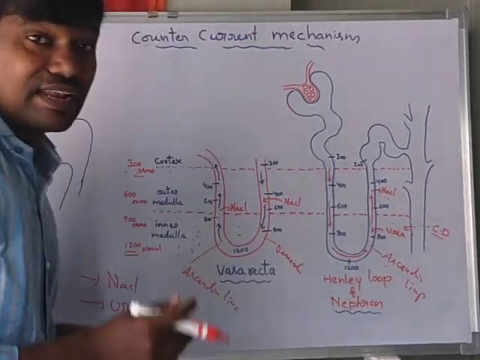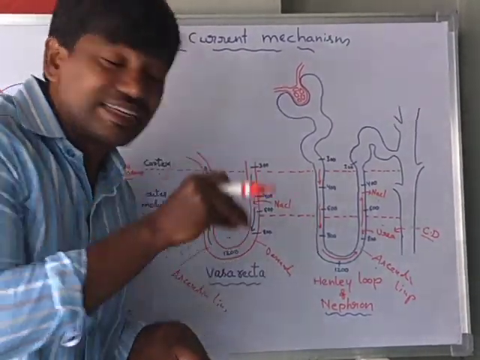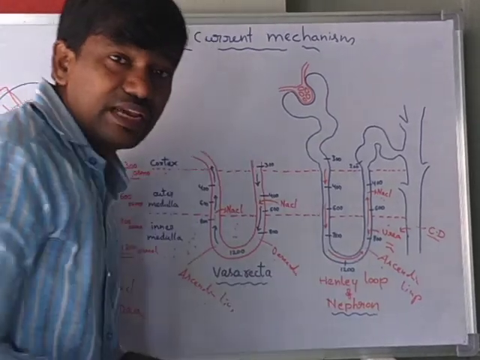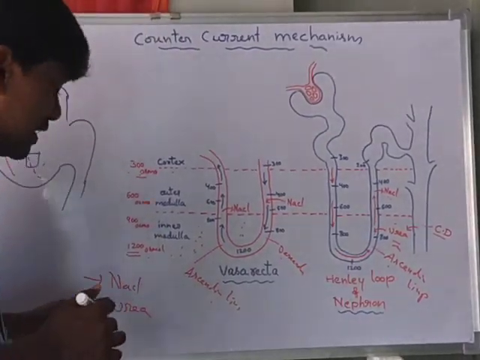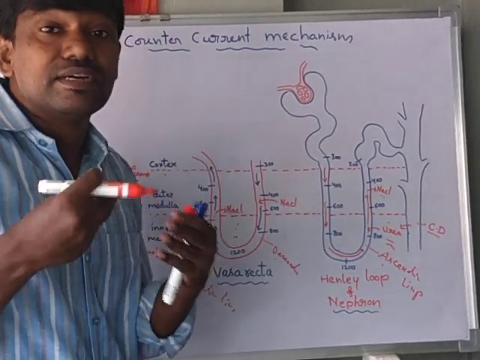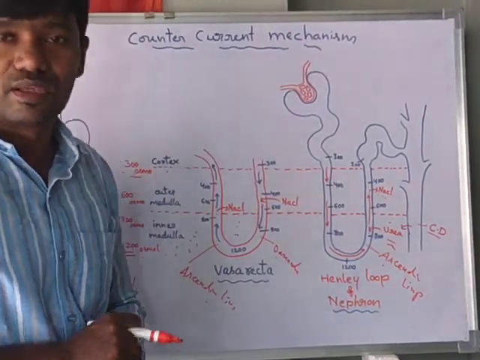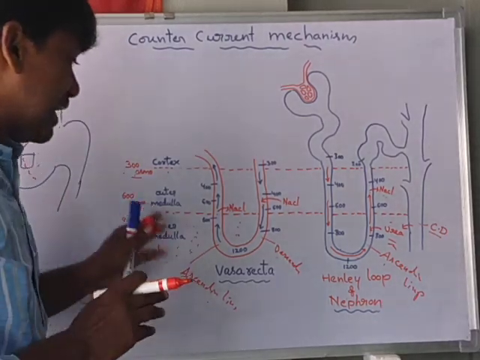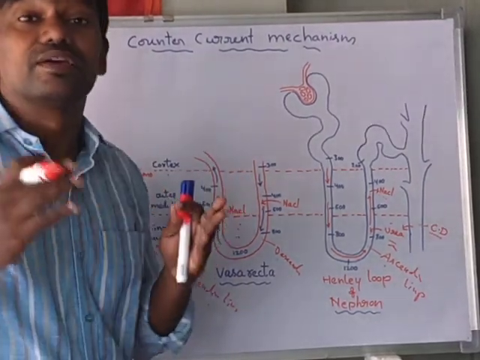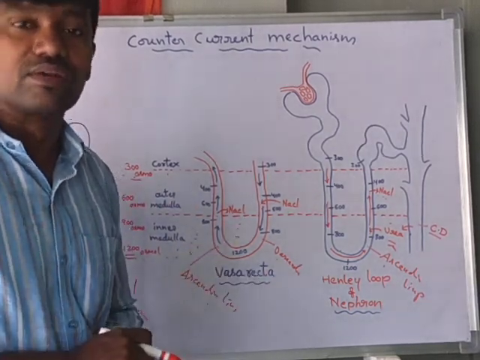Like that, urea is also deposited in the interstitial fluid. Like this, NaCl and urea are deposited in the interstitial fluid, which increases the osmolarity gradient. So the urine will be concentrated.